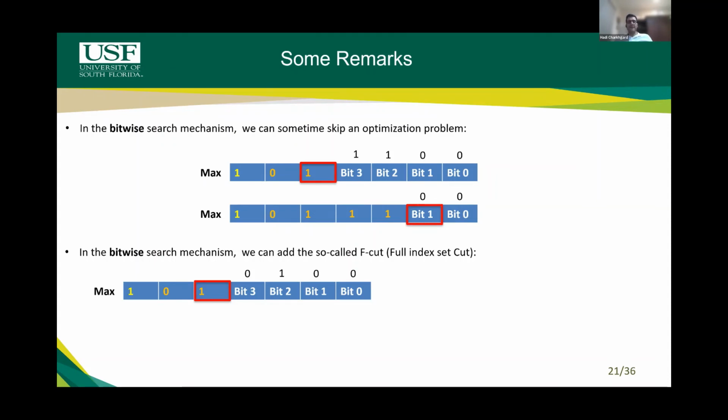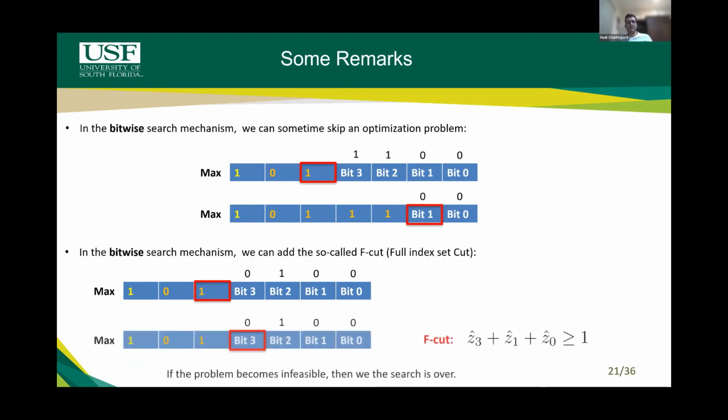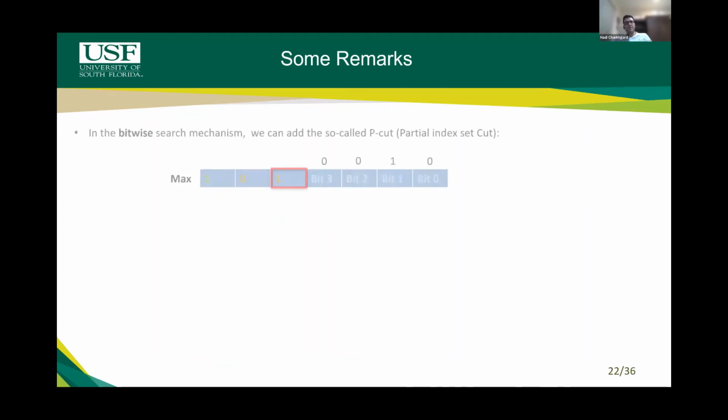So I'm going to add a cut to the problem and say that at least one of them should be 1. Because if none of them can be 1, then the solution that I already have in the memory must be optimal. So I add this cut to the problem, and I solve that optimization problem. If the optimization problem turns out to be infeasible, I don't need to search any other value of any of the bits, because the solution that I currently have must be optimal.